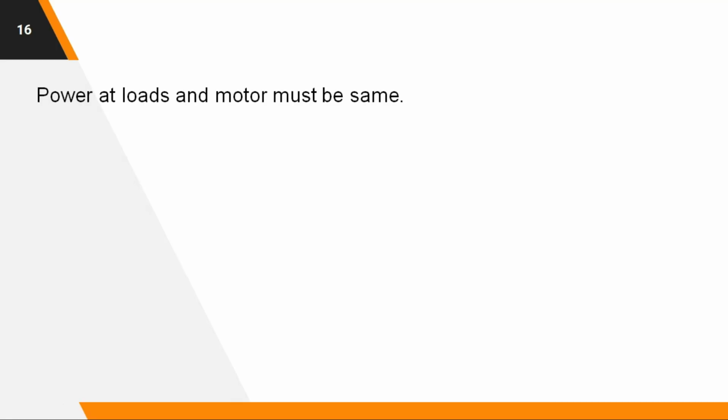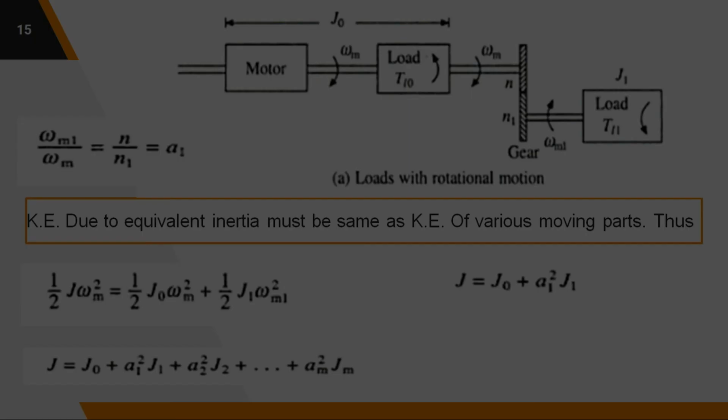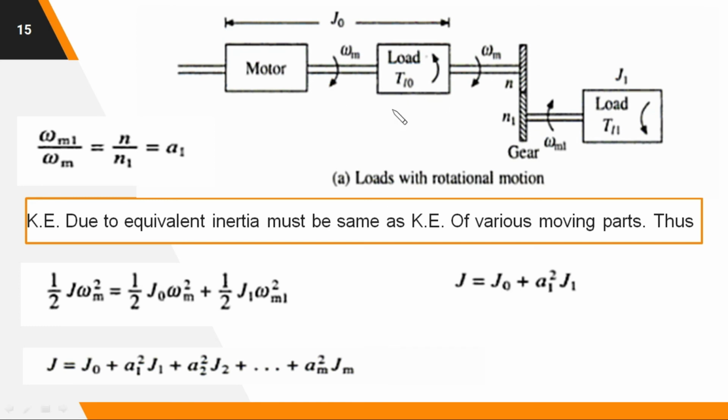Next, similarly, power at the load and motor must be the same. So by this diagram, the power developed here plus the power developed here is the total power.